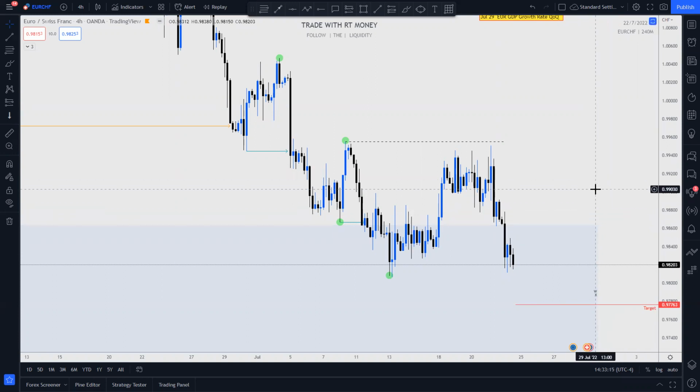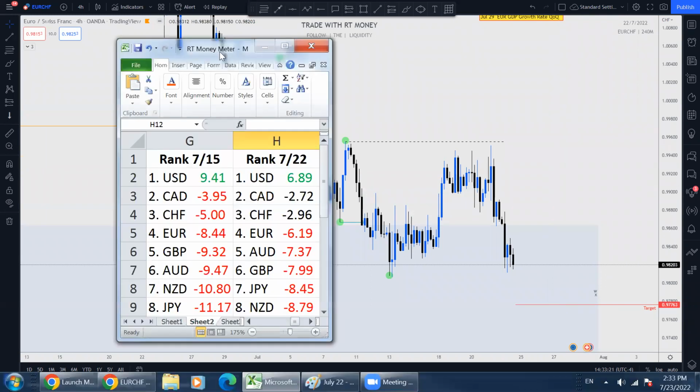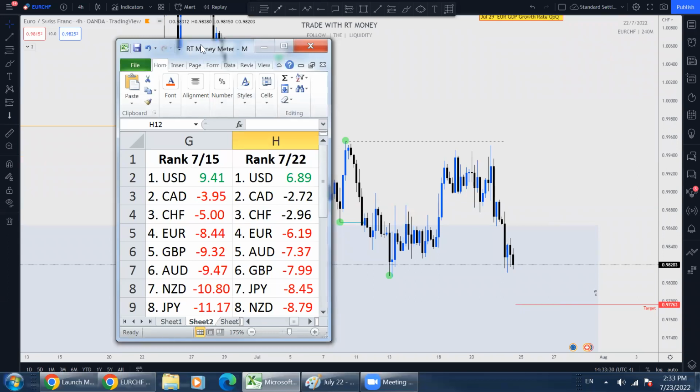As I explained in the previous video, it's not related to the RT money meter. It's not related to currency strength. What it relates to is the news coming out for the FOMC on Wednesday, the approaching Wednesday, and the following Thursday, there is GDP numbers coming out.